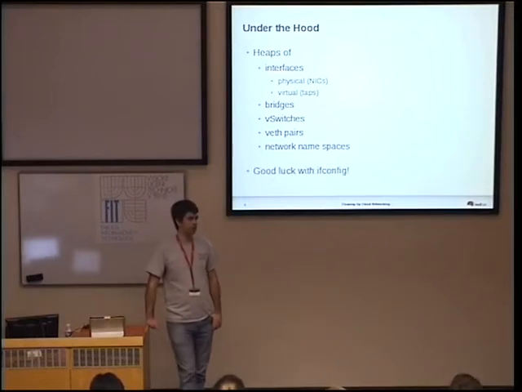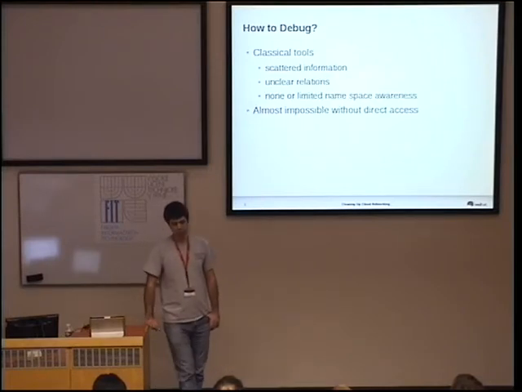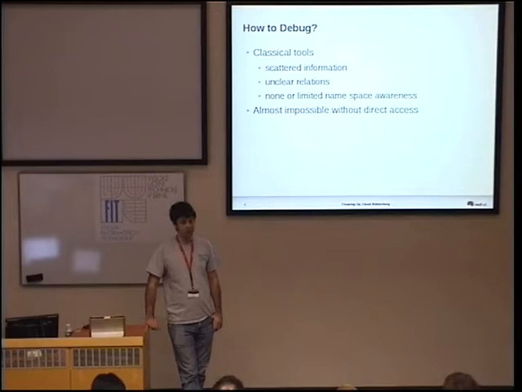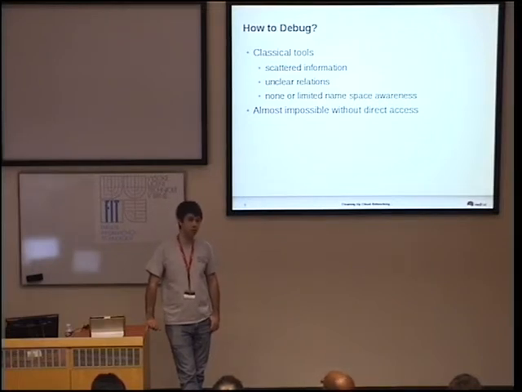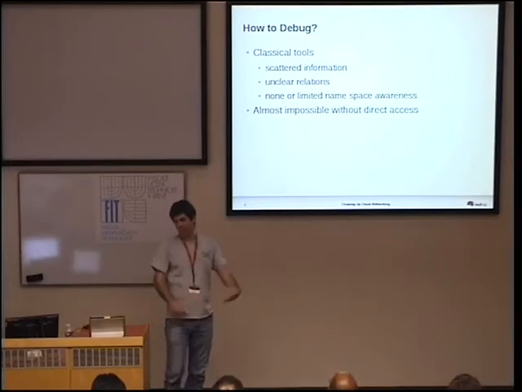Well, if you look into that with ifconfig, good luck. You won't see most of the stuff. You can, of course, use more modern tools like ip or ethtool or such stuff to discover what's the setup on the machine. But you will have to run that several times with different options, different tools, take notes on a piece of paper, combine the data together.